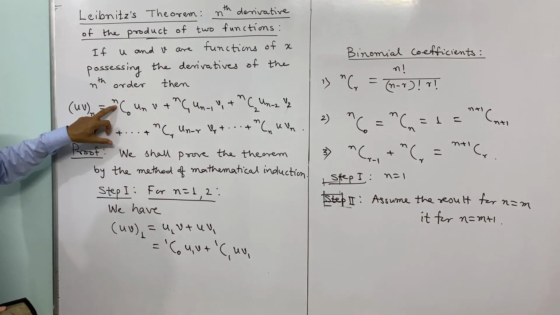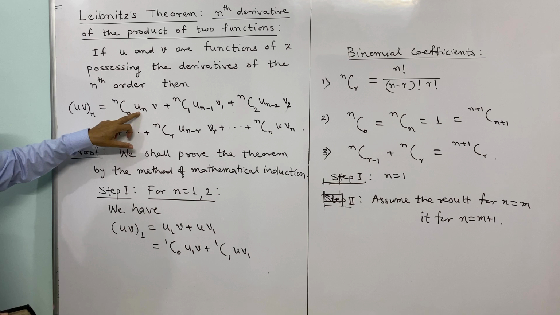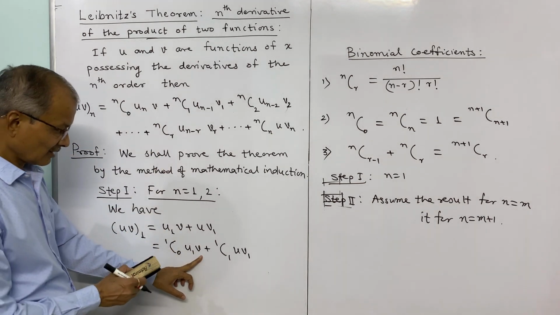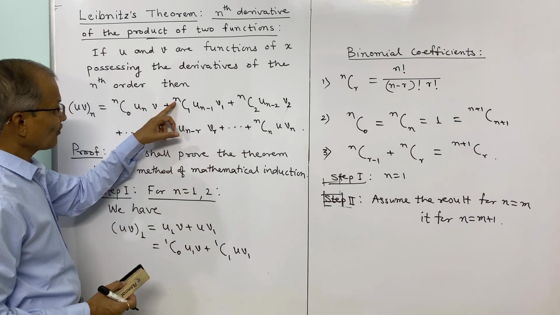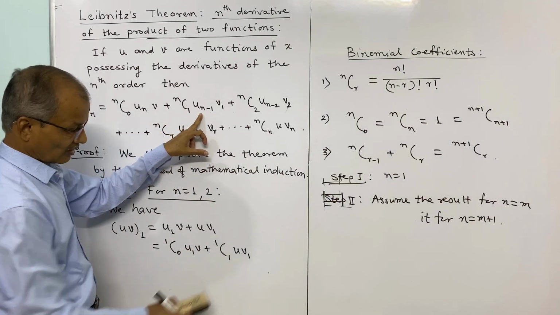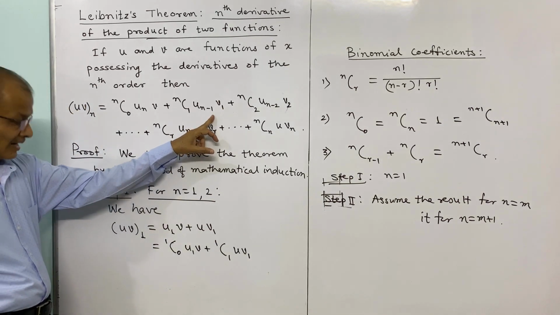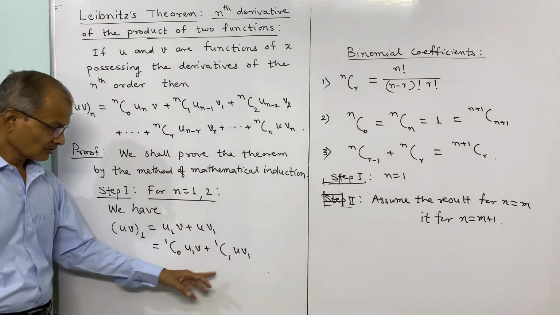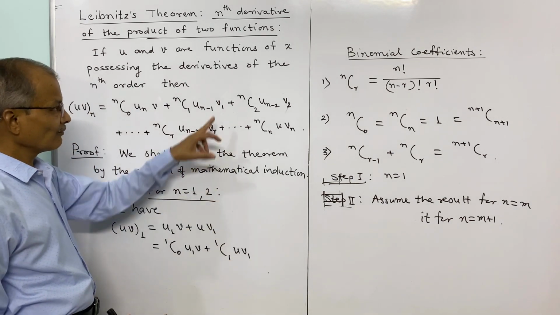Now if you put n is equal to 1 here, what we will have? 1 choose 0, u1 into v, plus, and what is the next term? N is 1, so 1 choose 1, u, see, what is n minus 1? That is 1 minus 1, and that will be 0. So no derivative of u into v1.